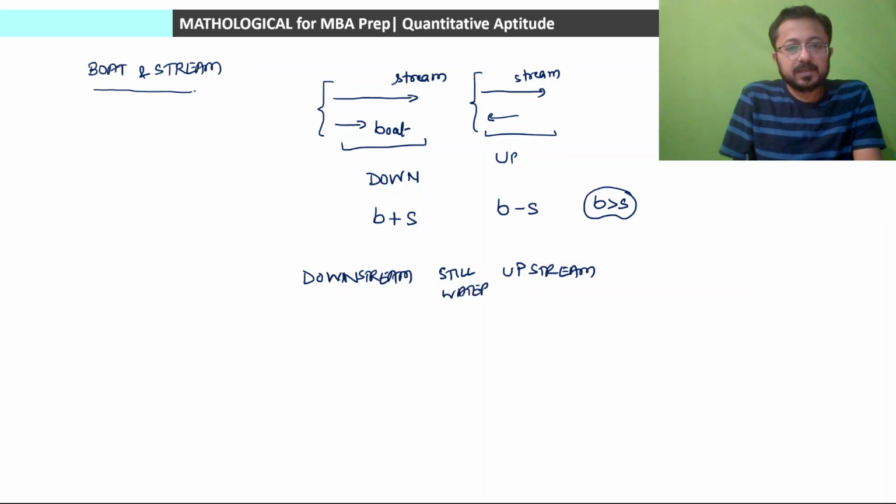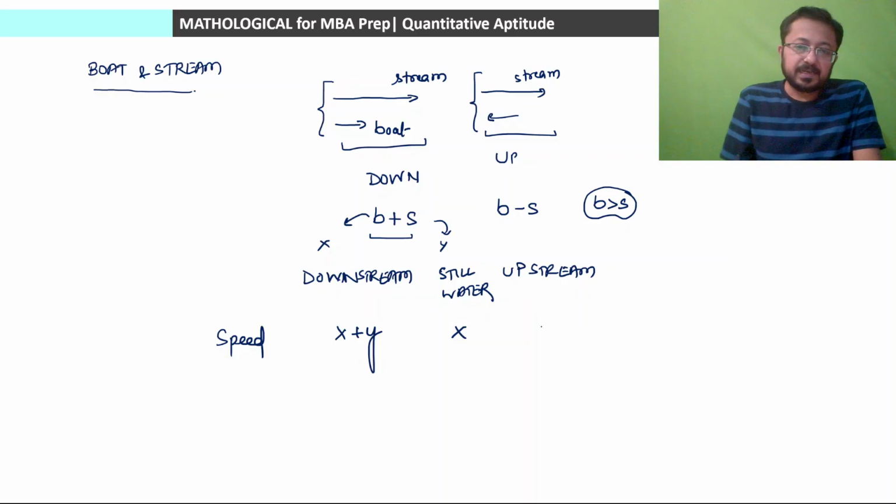In the first case, in the downstream direction, boat plus stream speed, let us assume the boat's speed is equal to x and the stream's speed equal to y, so the speed will be x plus y. In still water, only the boat's speed is there, x, and in upstream, the boat's speed minus the stream's speed, x minus y.